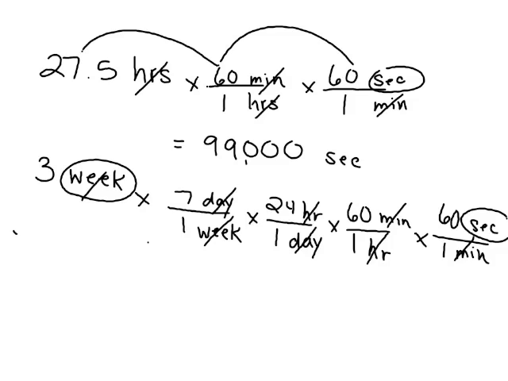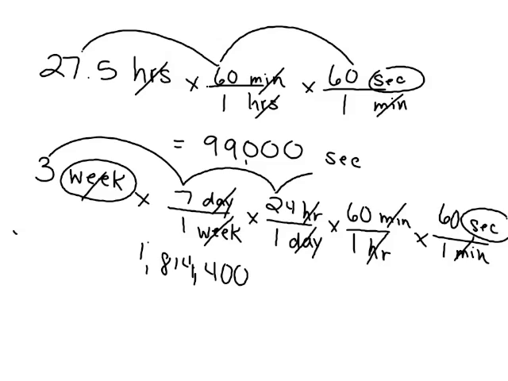So I converted weeks to seconds: 1,814,400 seconds. Right, because it's a fraction, so I just multiplied 3 times 7 times 24 times 60 times 60 over 1. And my unit is seconds.